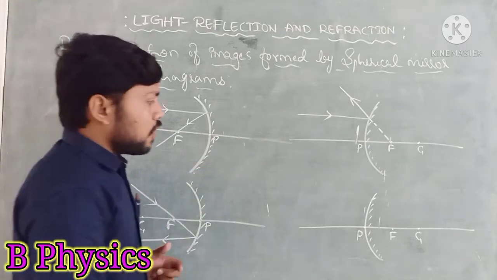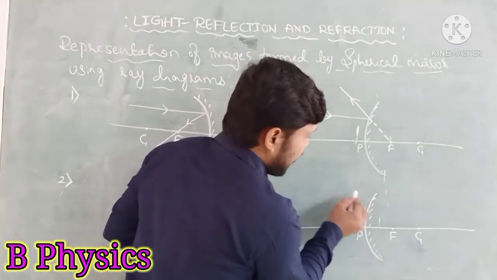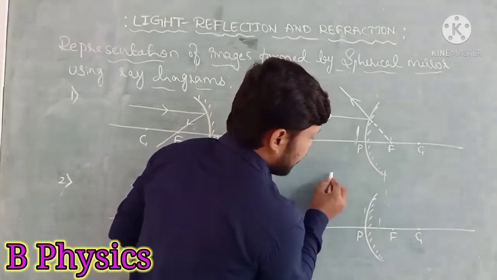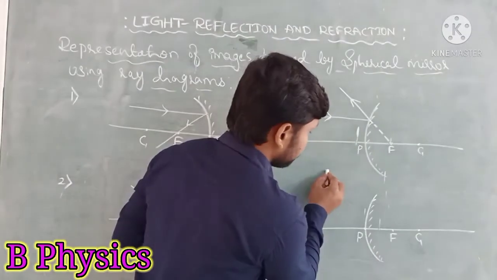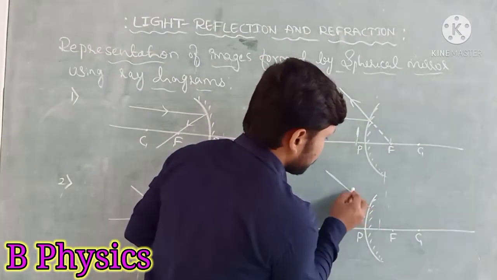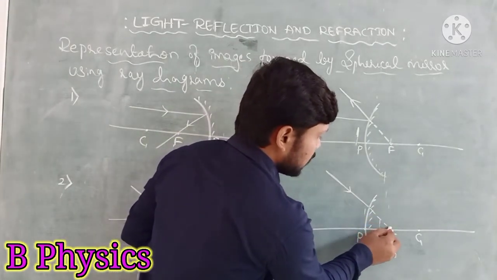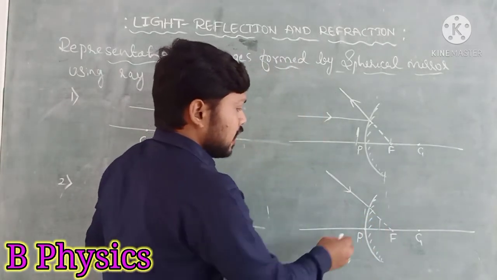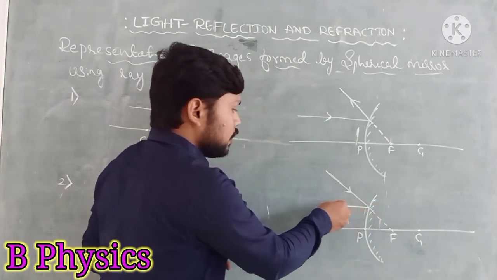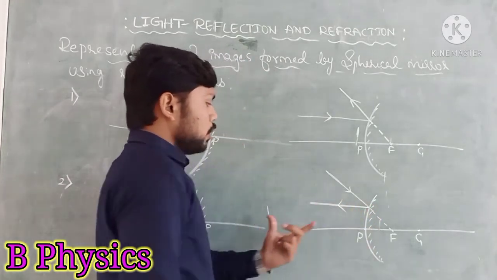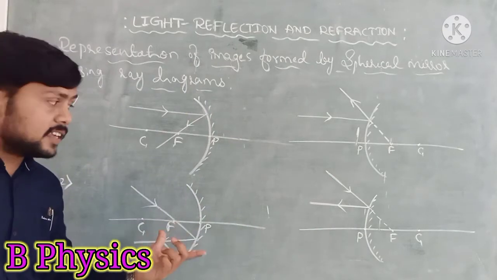But in case of convex mirror, a ray of light which is directed towards principal focus, after reflection will emerge parallel to principal axis.